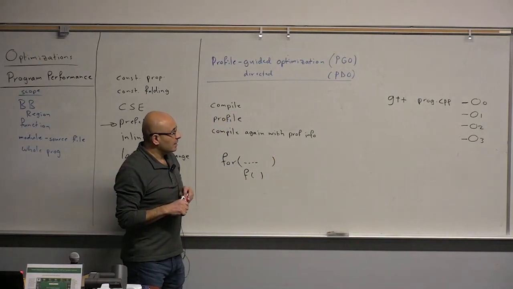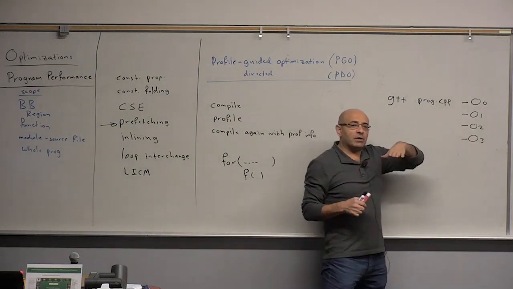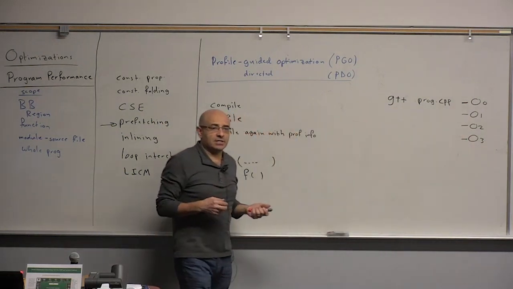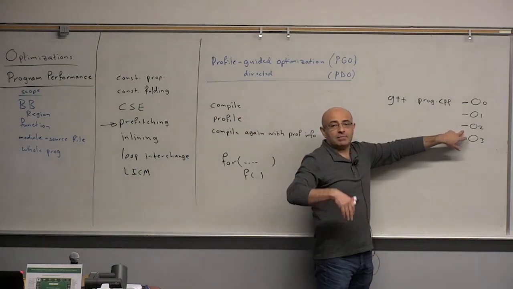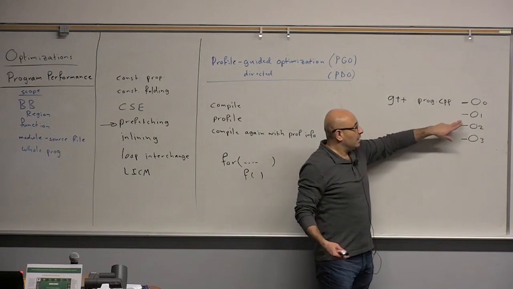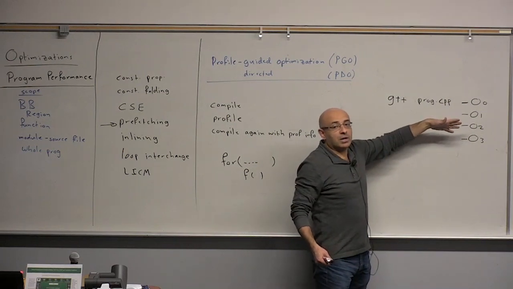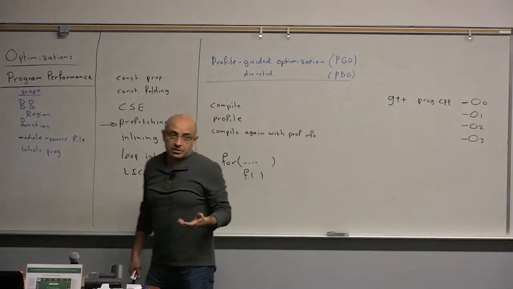Okay. And -O1 means that it will enable the basic optimizations. -O2 means it will enable more optimizations. So for example, at -O1, it could do local register allocation. At -O2, it will do global register allocation.